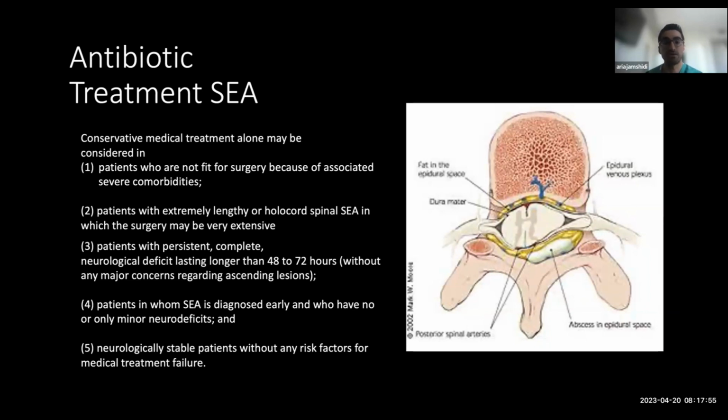Antibiotics should be sufficient. Some would also argue that patients with holocord spinal epidural abscesses that extend from the cervical, thoracic, lumbar spine may also benefit from antibiotics. But I think first and foremost, the patients that should be getting antibiotics for spinal epidural abscess are those that are caught early with no cord compression and with no neurological deficits.